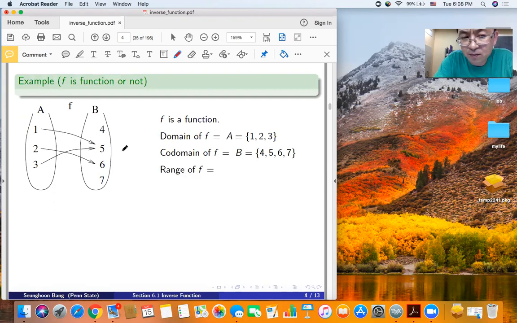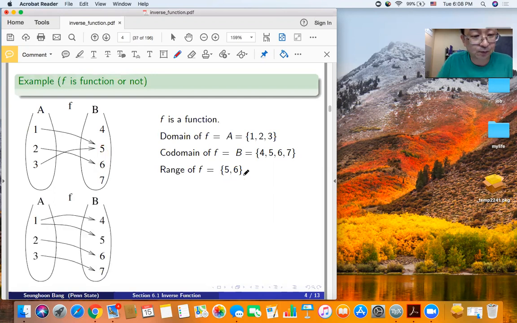What's the range? Yes, just the assigned numbers 5, 6. That's right. Exactly the assigned numbers 5 and 6 are the range of f.